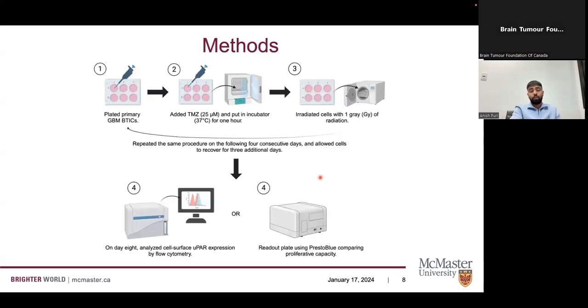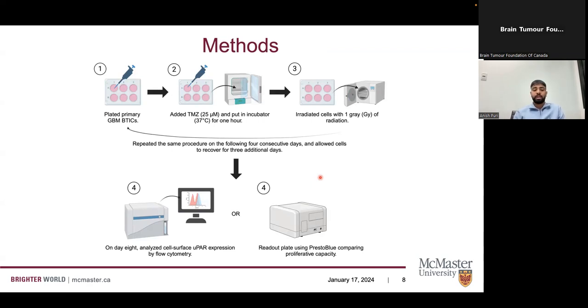And so what we had done is we conducted an in vitro standard of care protocol. This only consisted of the chemoradiotherapy portion of the standard of care for glioblastoma, but this is what we could best recapitulate in the lab. We plated primary GBM BTICs, which are treatment naive.